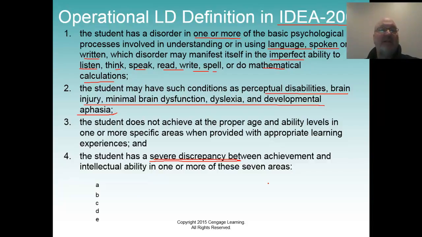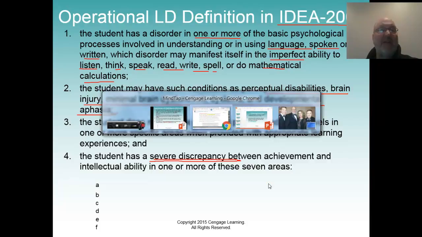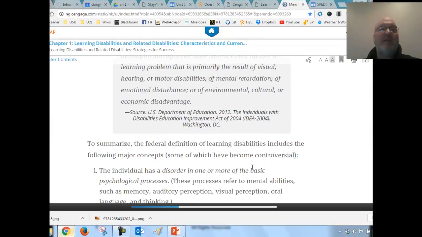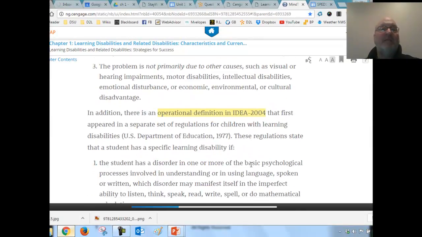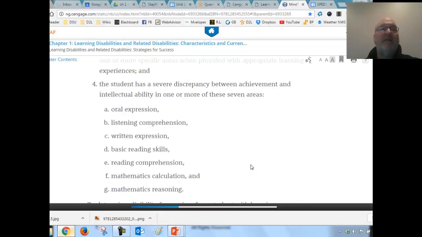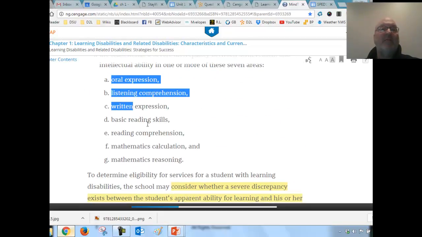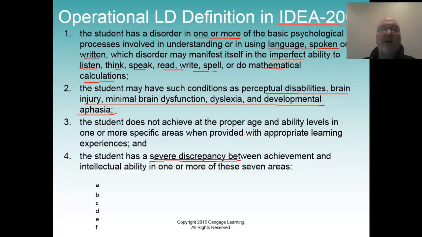And here's where I want you to get those out of there, because that's yours. You get to bring these 7 in here. There's the federal definition. Here's the 7 areas that I want you to bring in right here, and we're going to call this number 9. So you're up to 9 now.